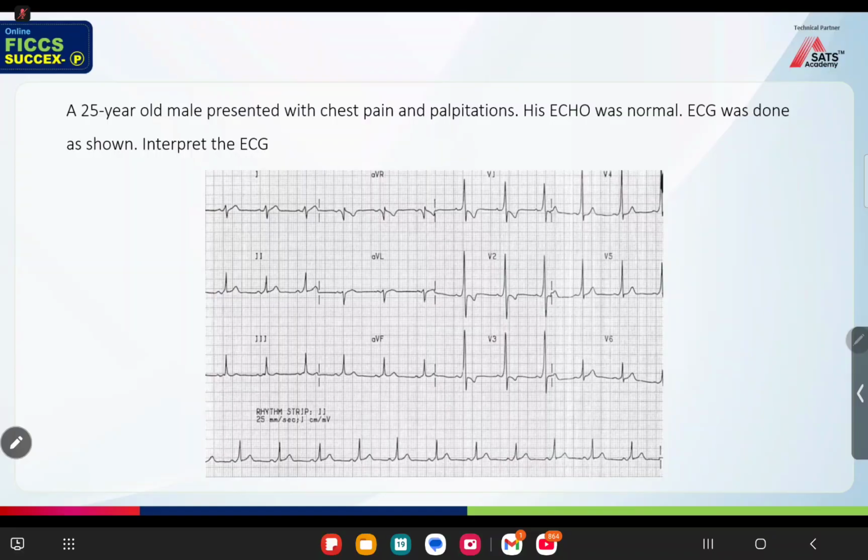Anything else significantly you are able to see in all the leads? If I'm giving you the hint along with correlation with this young male with chest pain and palpitations.